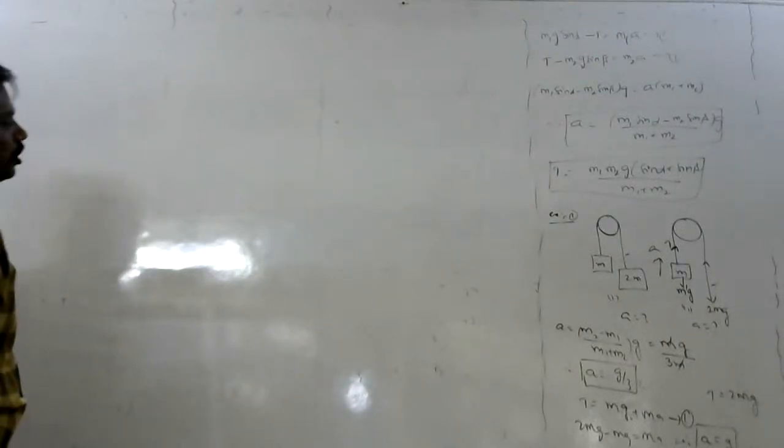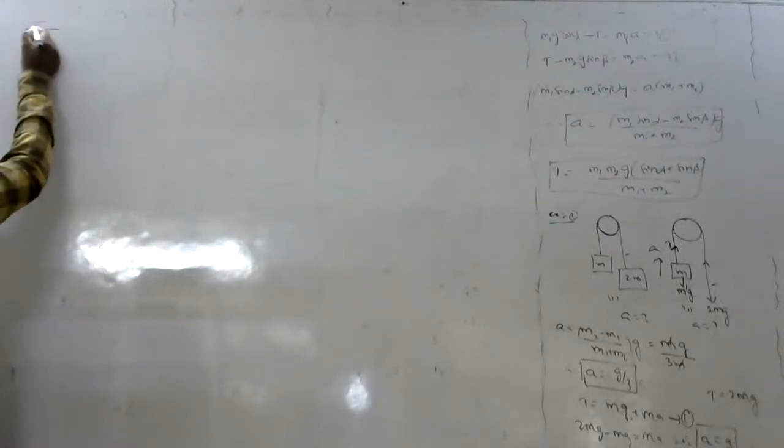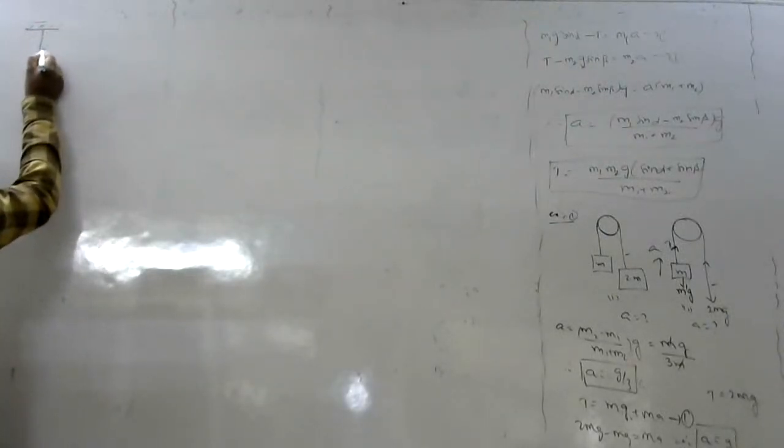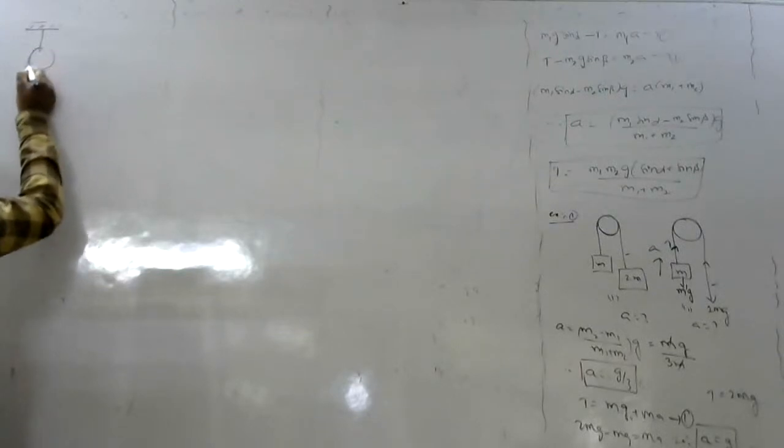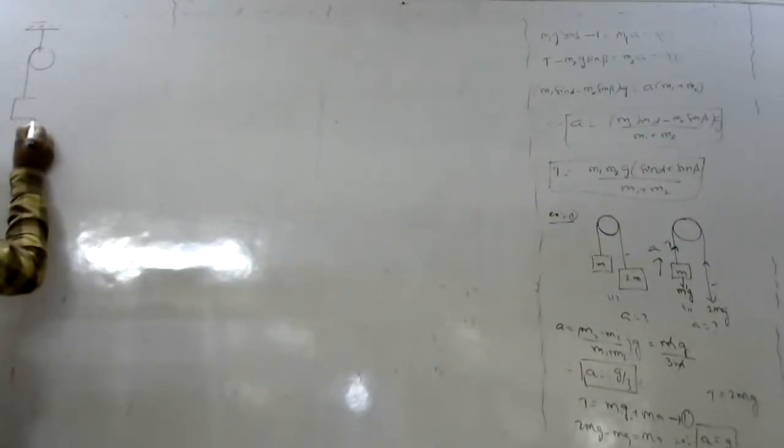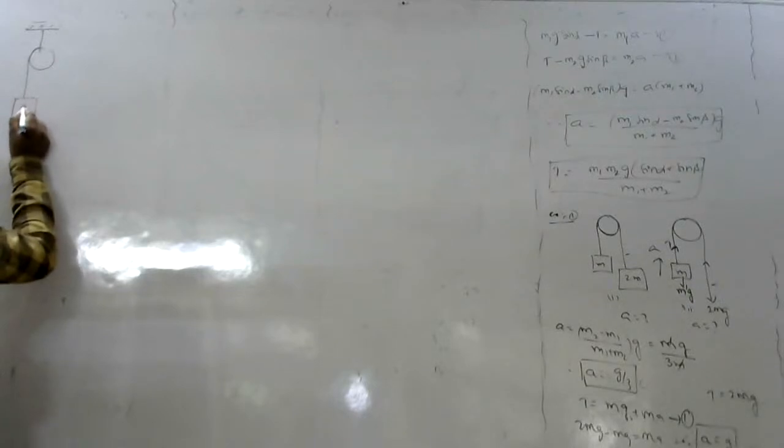And another important model is this: a rigid support. We consider a pulley. Here three equal masses.